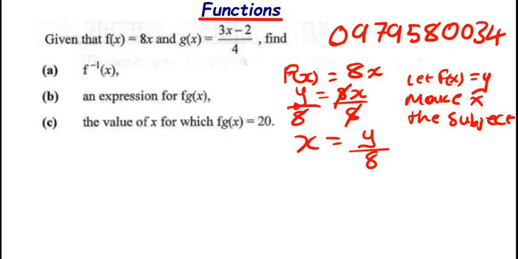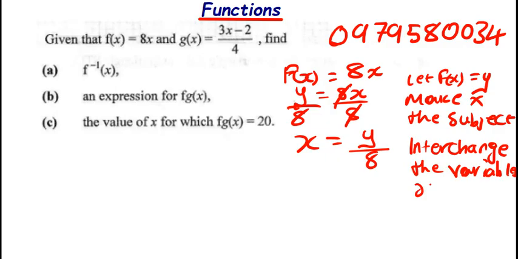Now when you're at this point, what you do is you interchange the variables. Which variables are we talking about? You're talking about x and y. So where there's x you put y, and where there's y you put x.